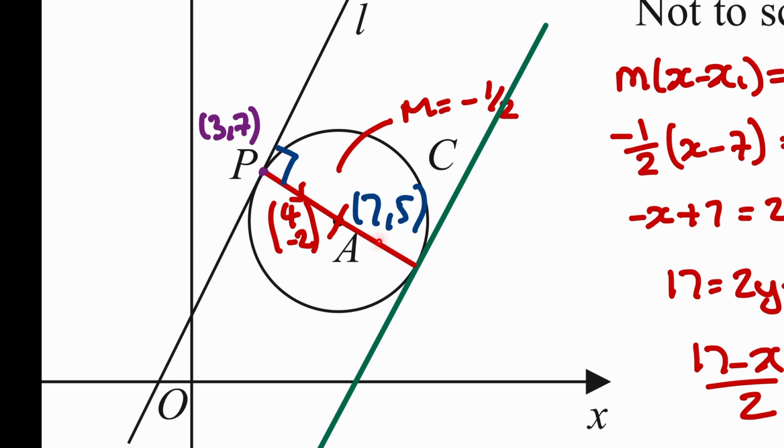And that will be the same from A to this point, and I'll call this point Q. So from A to Q, we'll go across by 4 and down by 2. So the 7 add the 4, and the 5 take away the 2 will give us 3. So the point Q will be at 11, 3.